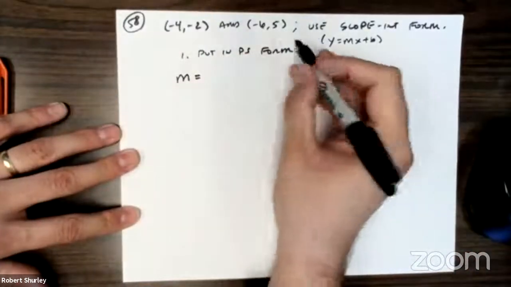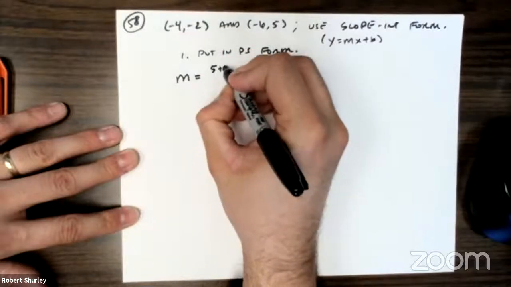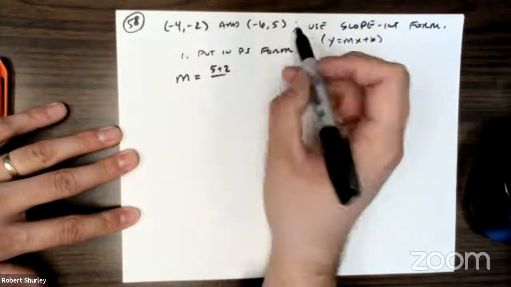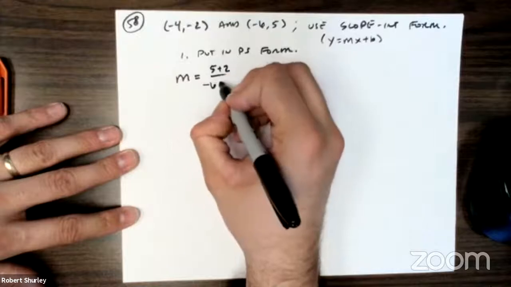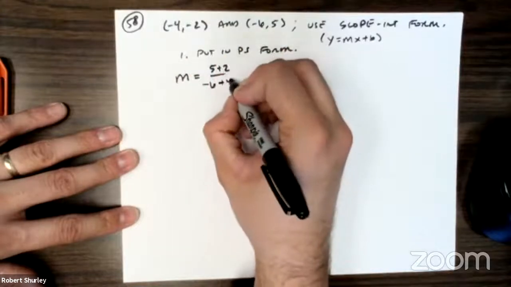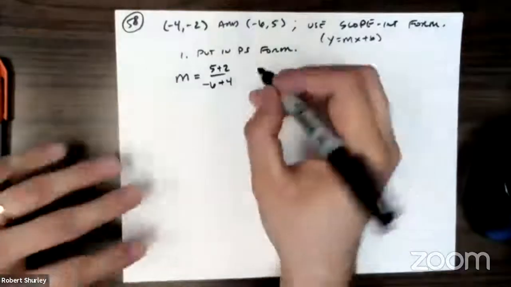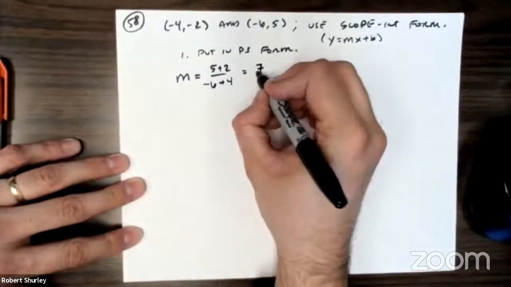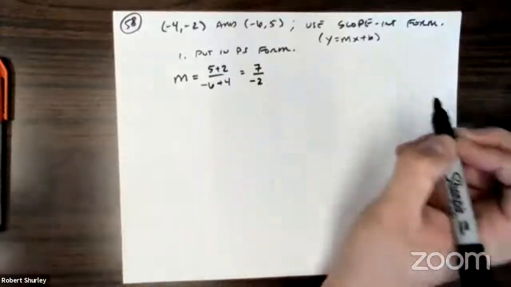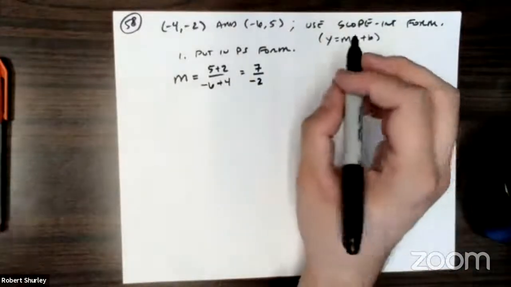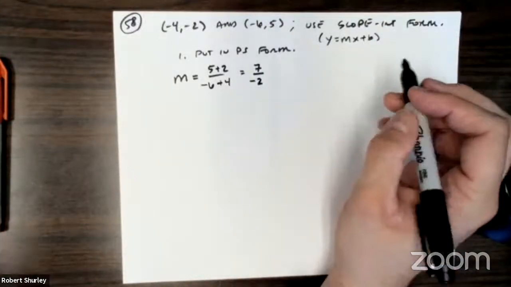So m equals 5 minus a negative 2, and negative 6 minus a negative 4. So 5 plus 2 over negative 6 plus 4. We wind up with 7 over negative 2. Now, I'm going to write that as negative 7 halves.